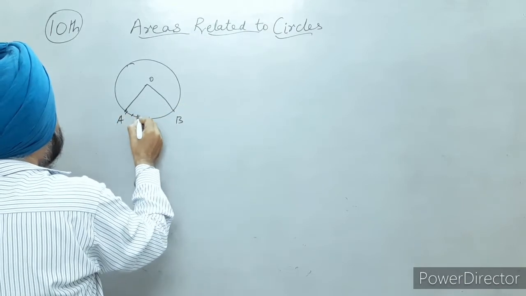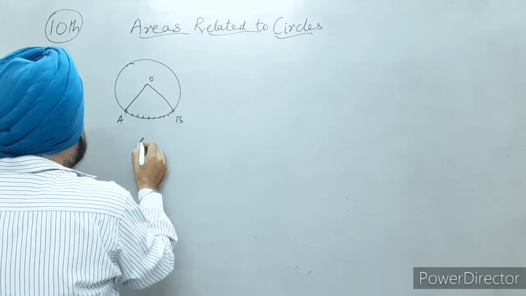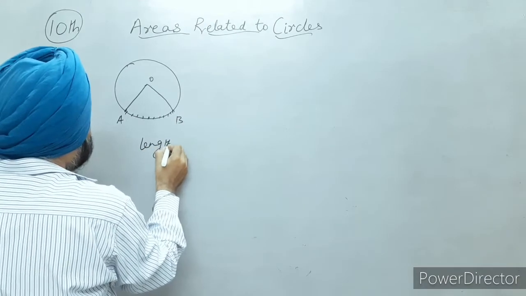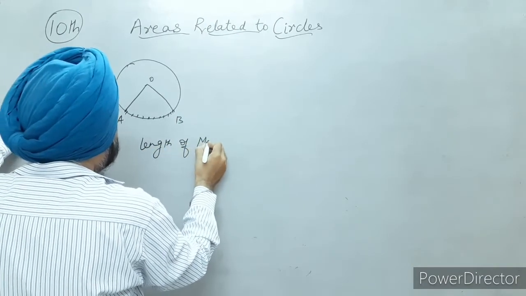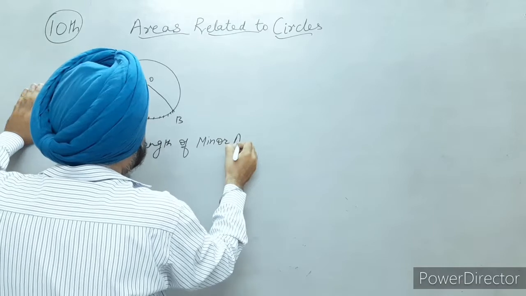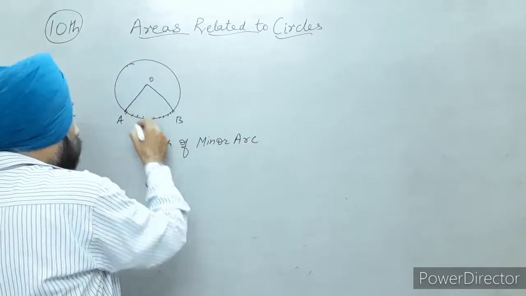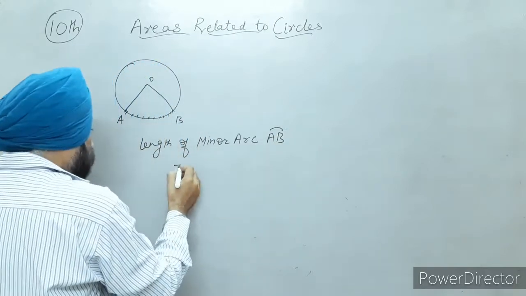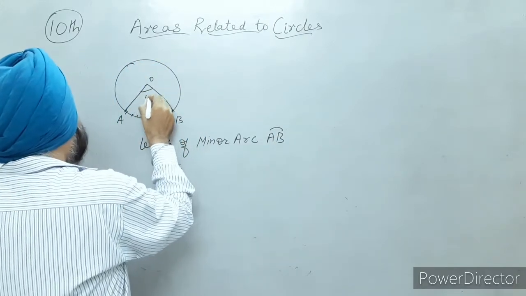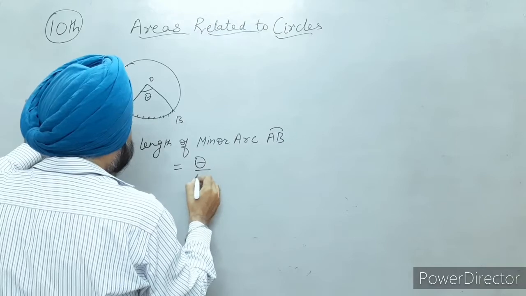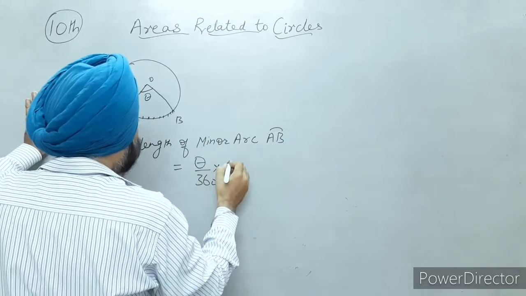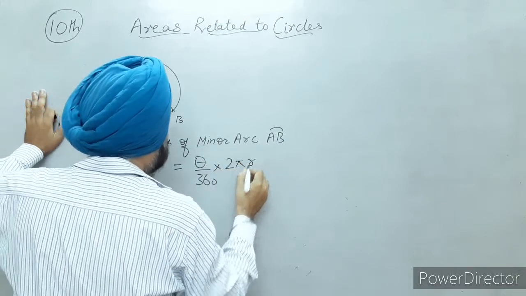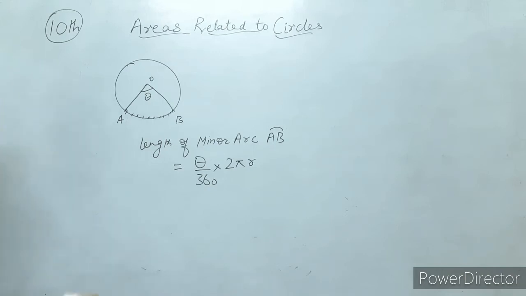I need, say, the length of the minor arc AB. The angle is theta. It's theta by 360 into 2 pi r. This is the length of the minor arc.